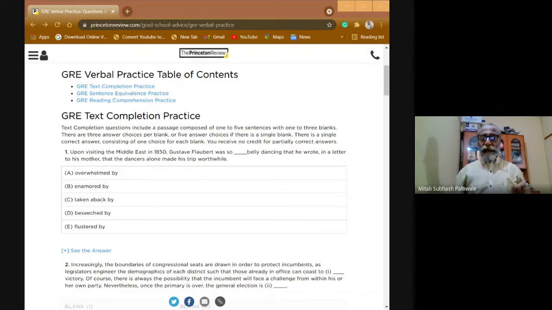And also I would like to reiterate here, if you can recollect, that whenever we get into the text completion section, this is how you have to go about the answers given for the blanks. First and foremost, read the instructions carefully, then read the question carefully and understand the question.